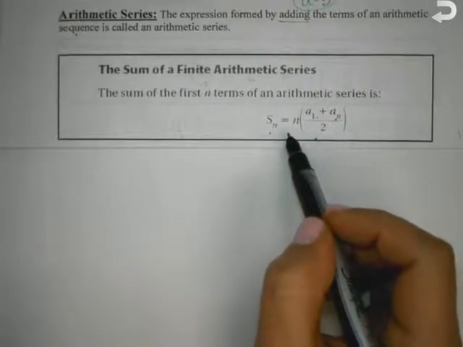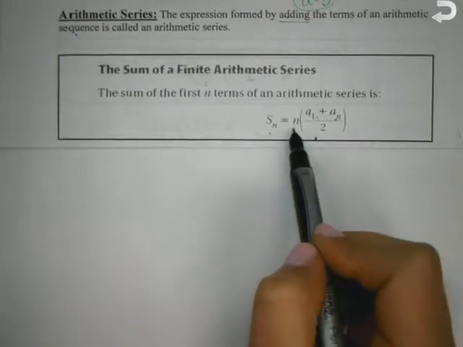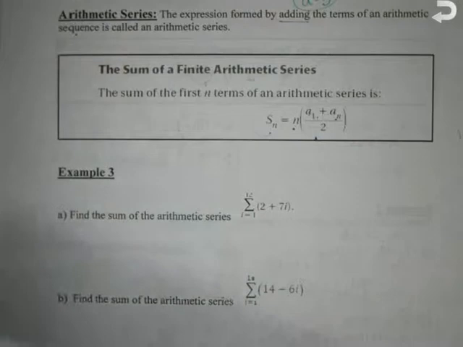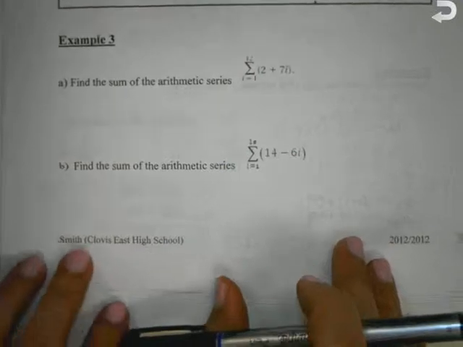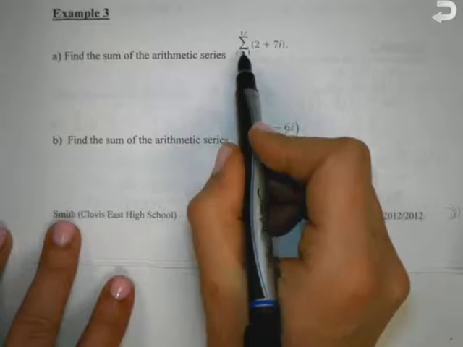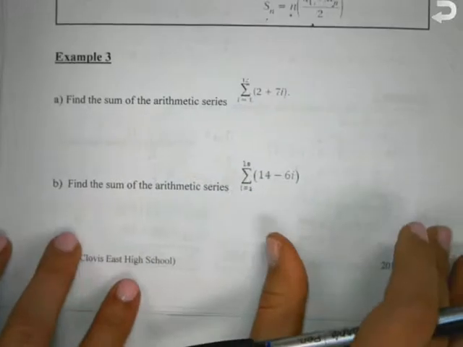So let's look at example 3. Find the sum of the arithmetic series, the sum from i = 1 to 12 of 2 + 7i. So in order to use this formula, we need to figure out what a sub 1 is and what a sub n is. What's n here?